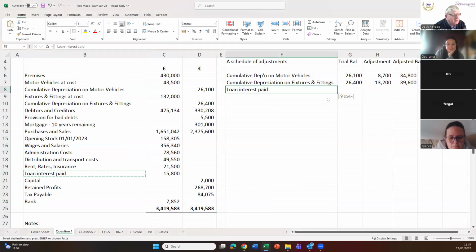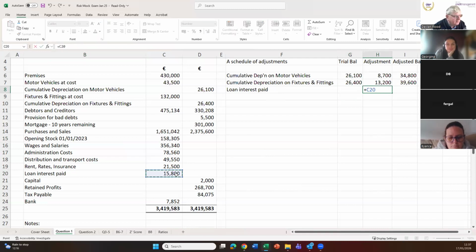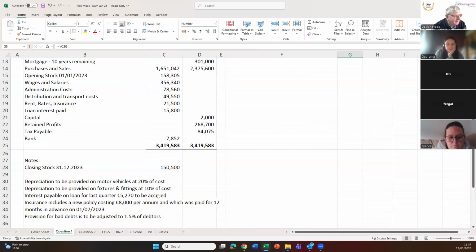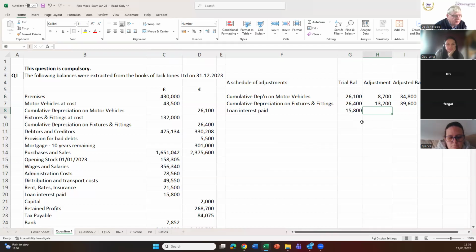So the figure in the balance sheet is 15,800. So plus my 15,800. So my loan interest paid, and it's telling me now that 5270 has to be accrued.